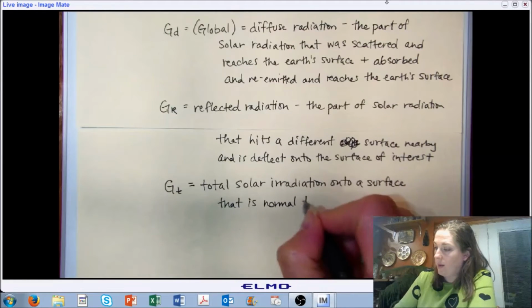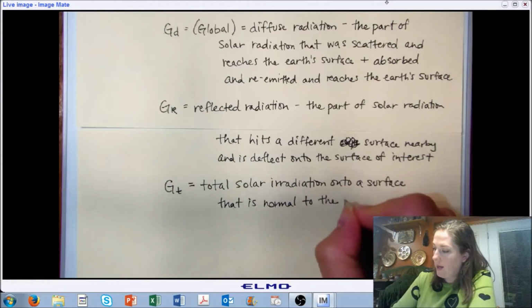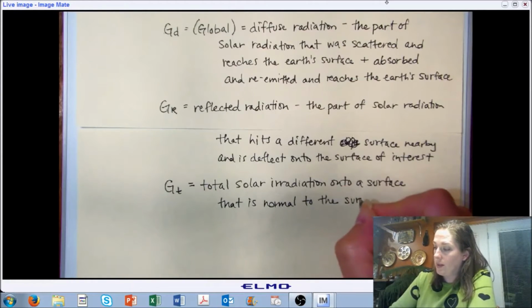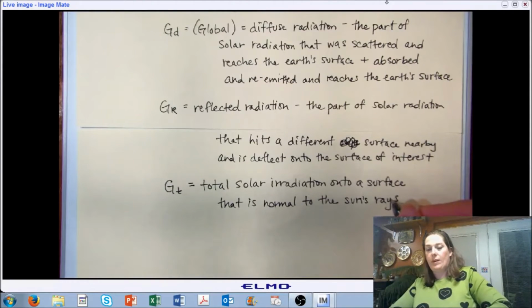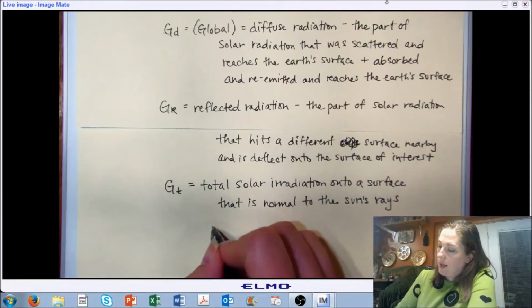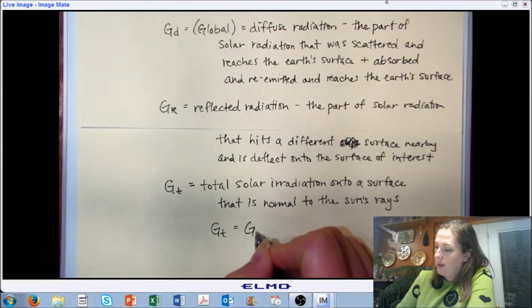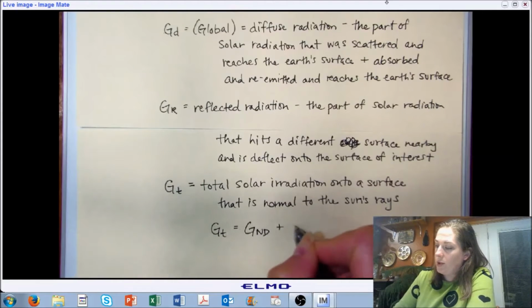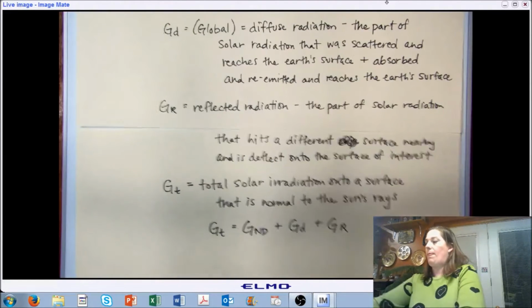This is where our angles from the last section will need to come into play to correct for a surface that is not normal to the sun's rays. Our total irradiation is the sum of the direct normal portion, the diffuse portion, and the reflected portion.